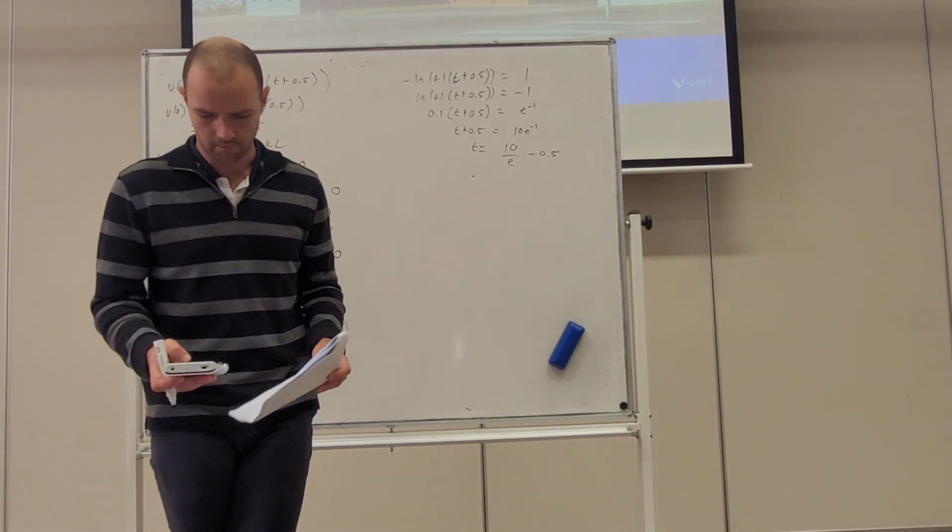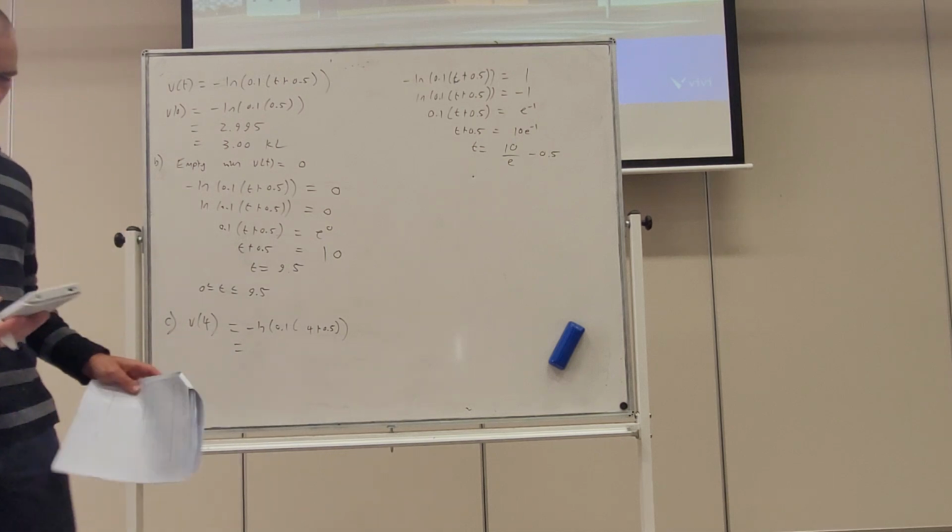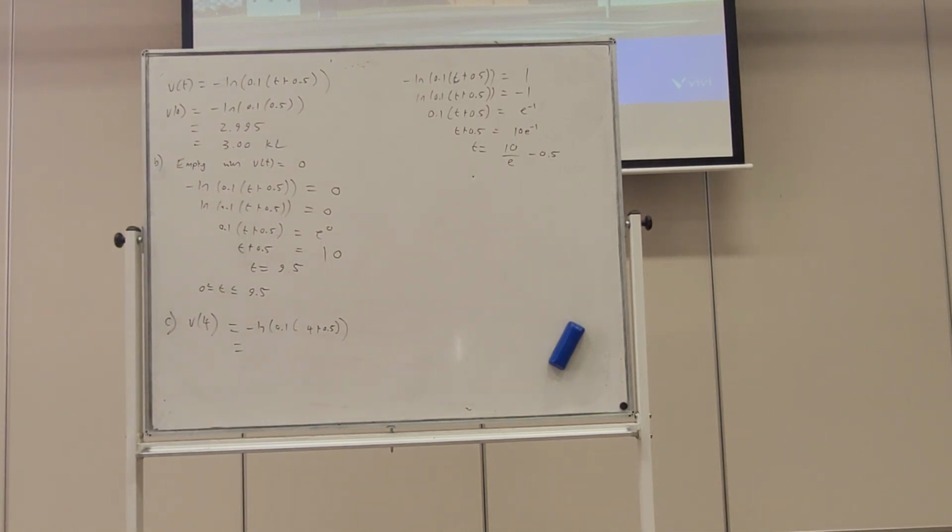Let's have a sketch of the function. So if we go into our graph mode, we've got minus ln of 0.1 and then brackets x plus 0.5. Now we know for x that it's restricted to between 0 and 9.5.